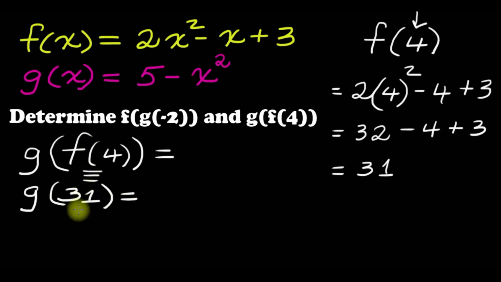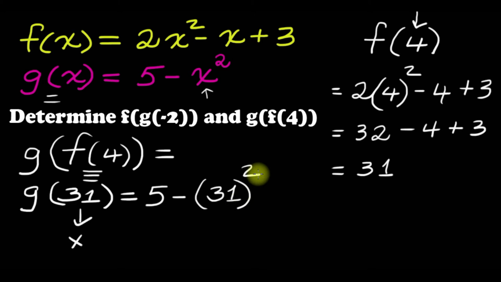Now we have to find g of 31. So g of 31, think of this as x. G of x, g of 31. So here's your g of x. So your x is going to be 31. So 31 is going to go right where x is. So this is going to look like this. 5 take away 31 squared. Okay? And then 5 take away, well, 31 squared is 31 times 31.